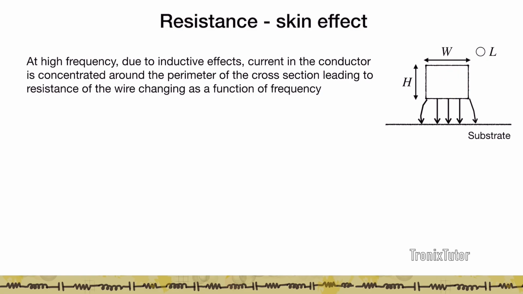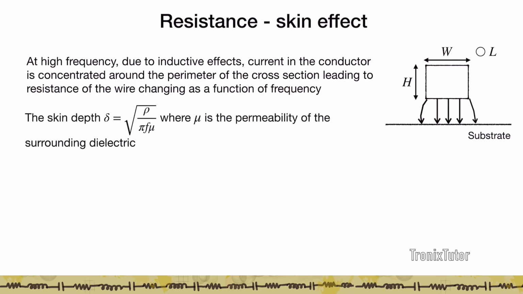And so as the frequency of the signal increases, the cross section of current is no longer uniform. Most of the current flows in the outer part of the cross section, and this distribution in current density is a function of the frequency.